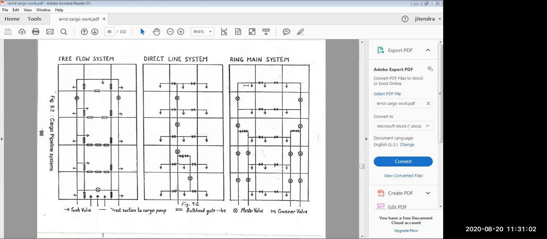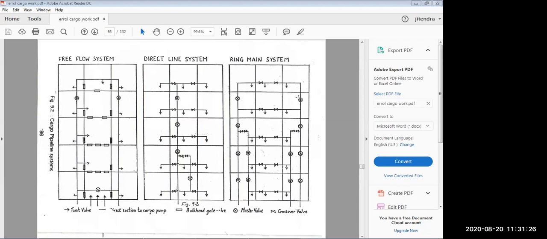So one line is going for the center tank, one for the starboard tank, one for the port tank. The system is such that you can load the center tanks from the port pump, or the port tank from the starboard pump, and discharge. So there are multiple combinations.